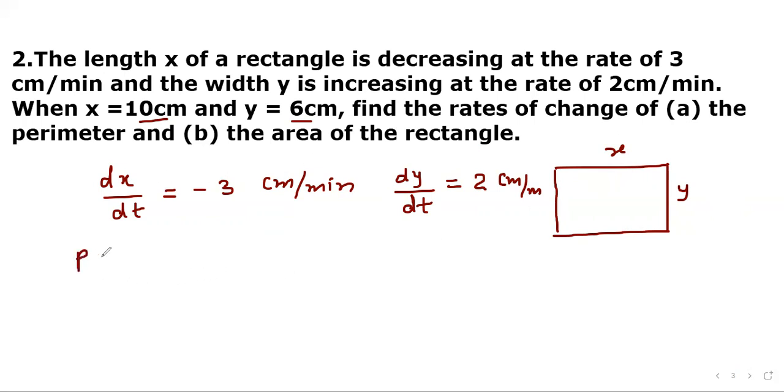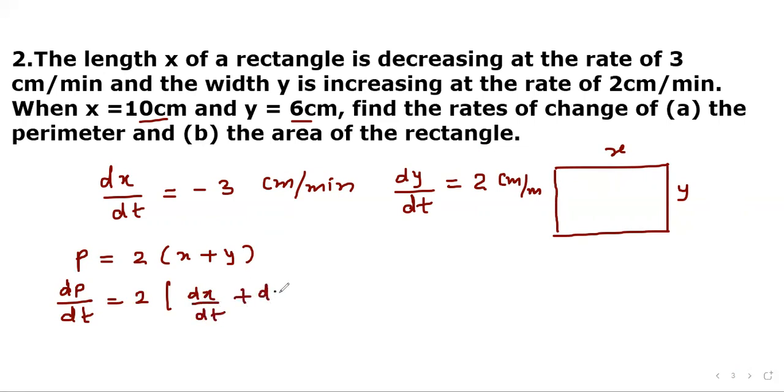So perimeter P will be equal to twice of x plus y. So if we differentiate it with respect to time, dP upon dt will be twice of dx upon dt plus dy upon dt.